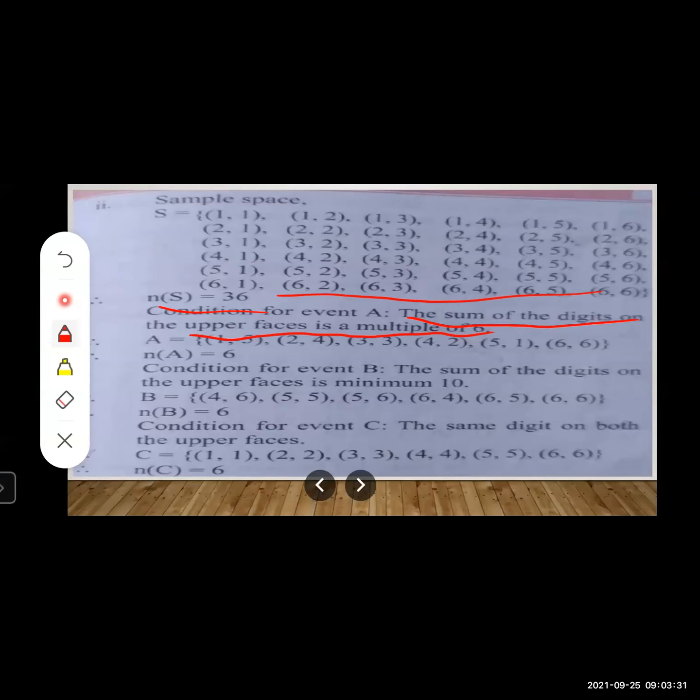Multiple of 6 means we have to choose sums which are there in the table of 6. Let us see which are our favorable outcomes.